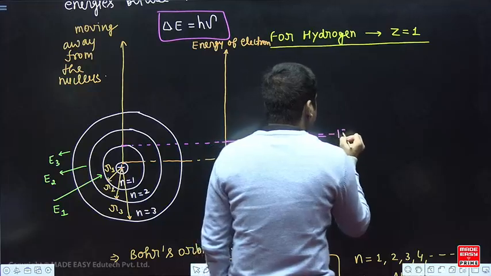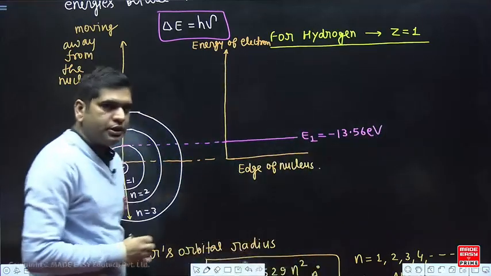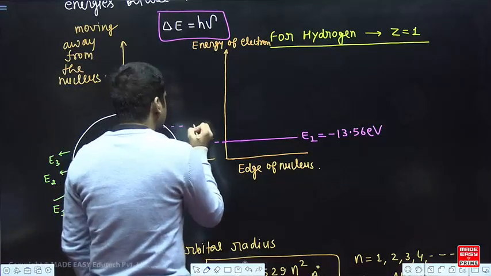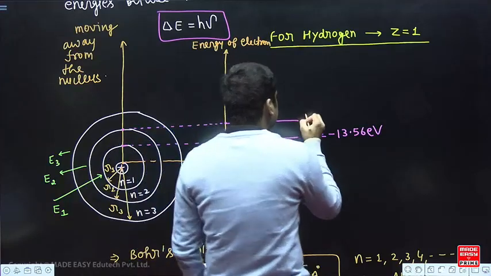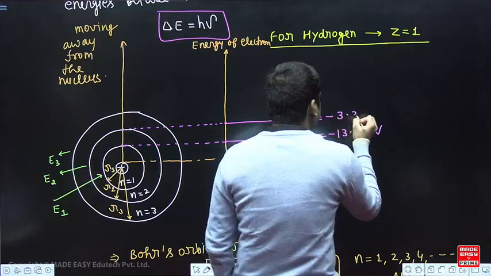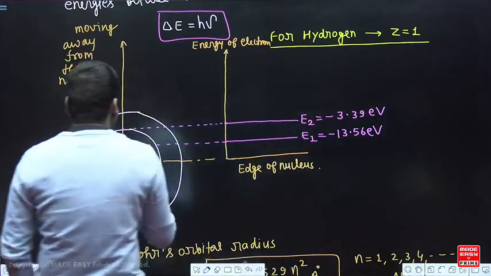E1 is minus 13.56 electron volt. Then n is equal to 2, which is E2. E2 is minus 3.39 electron volt. You put the value of n as 2, then you get this.